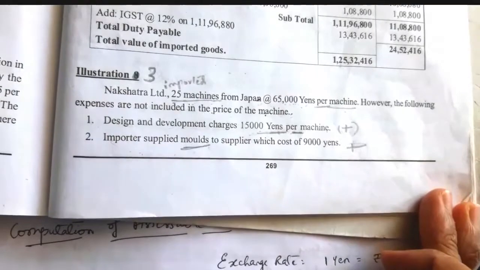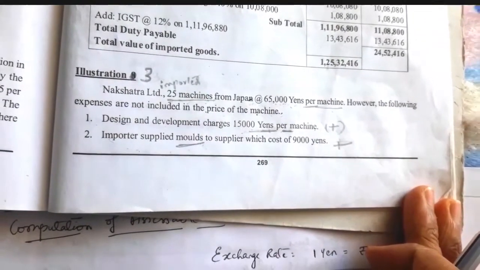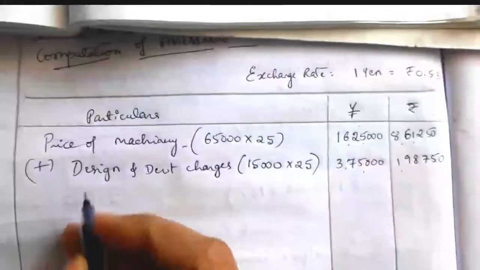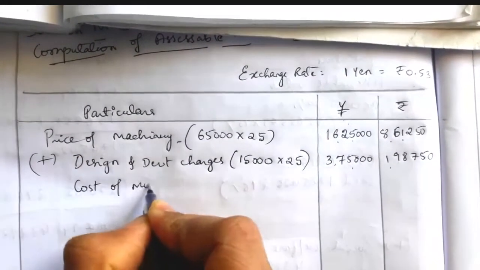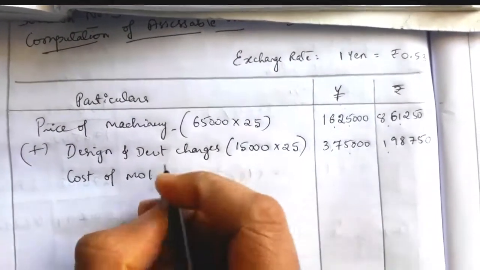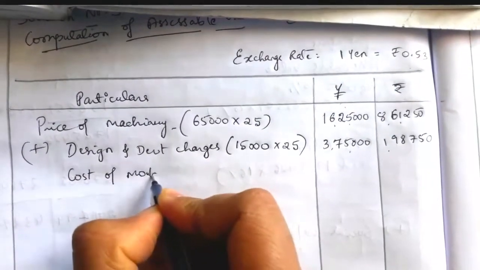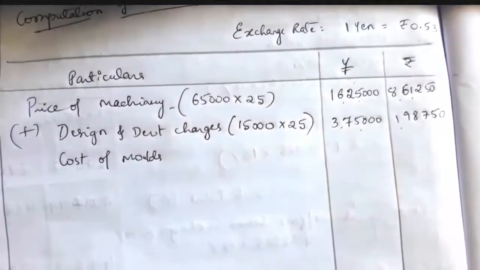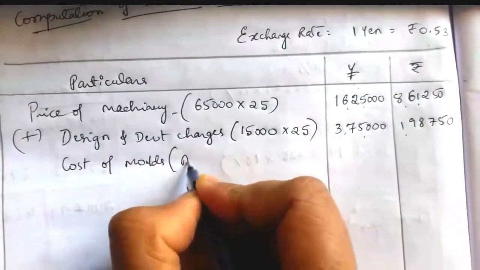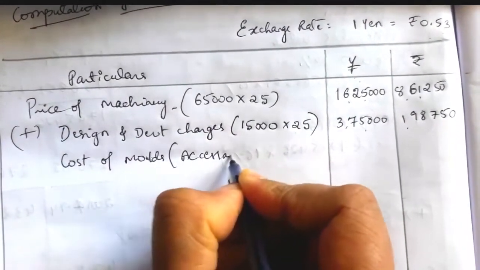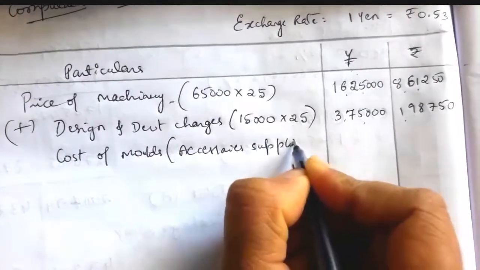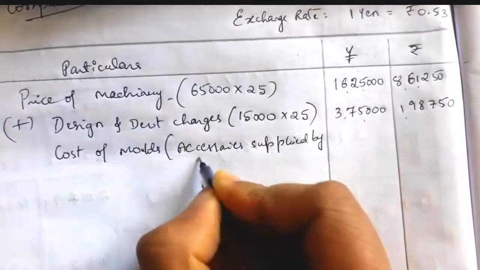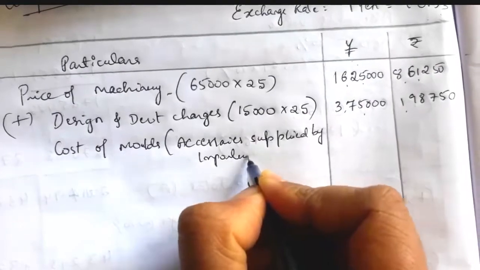Next we have to add importer-supplied molds to the supplier, which cost 9,000 yens. So that is the cost of molds, like accessories supplied by the importer.